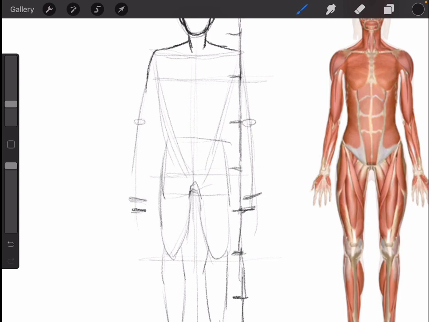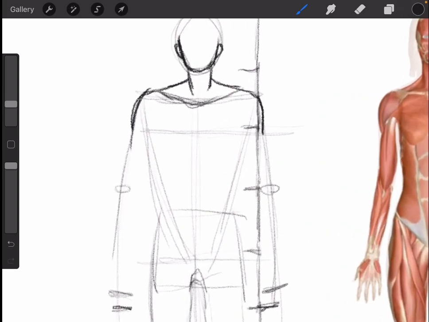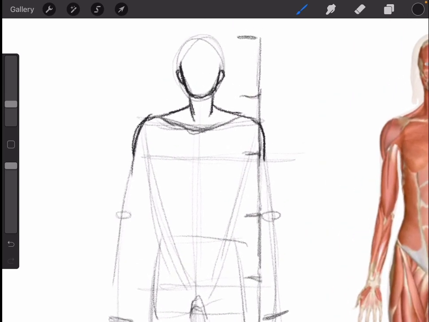So for me, I would start, and the shoulders curve out a little bit like that. This will represent the collarbone. This helps me get stuff spaced out. Now, the distance between the nipples can help you determine the width of the shoulders and everything. The distance between the nipples is actually approximately this head length.